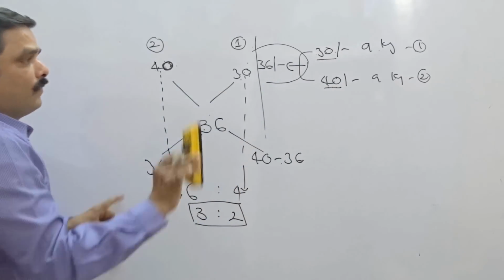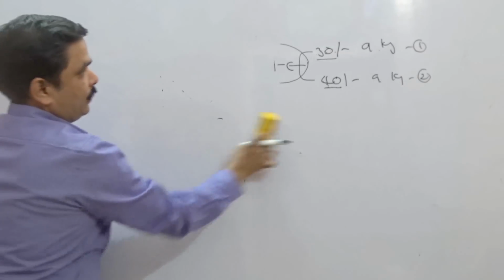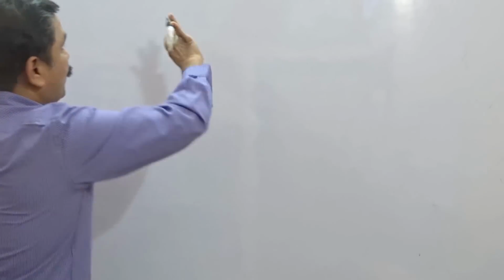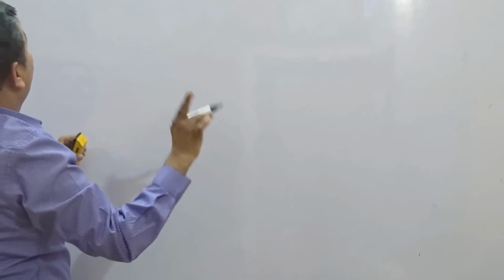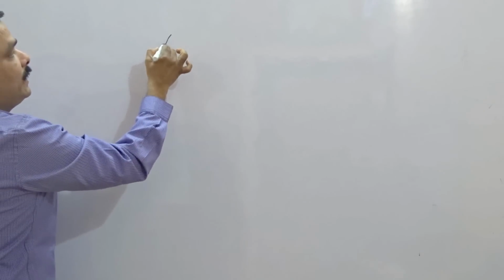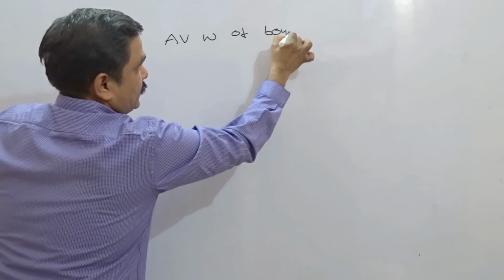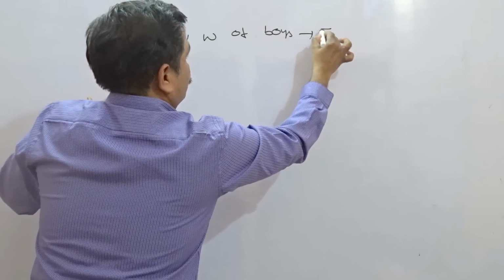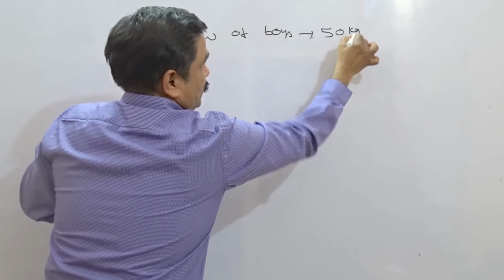Let us take one more example so that this concept is very clear for you. In a class, some students are there, boys and girls. If the problem is like this: in a class of some students, the average weight of boys is, let us take, 50 kgs. Generally boys' weight is more than girls', right?